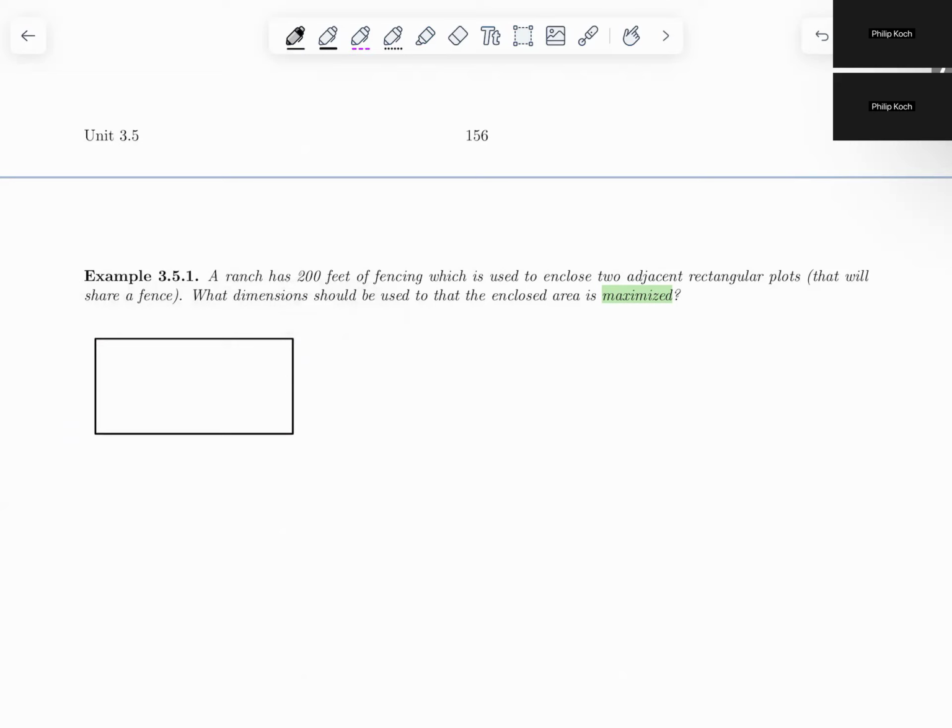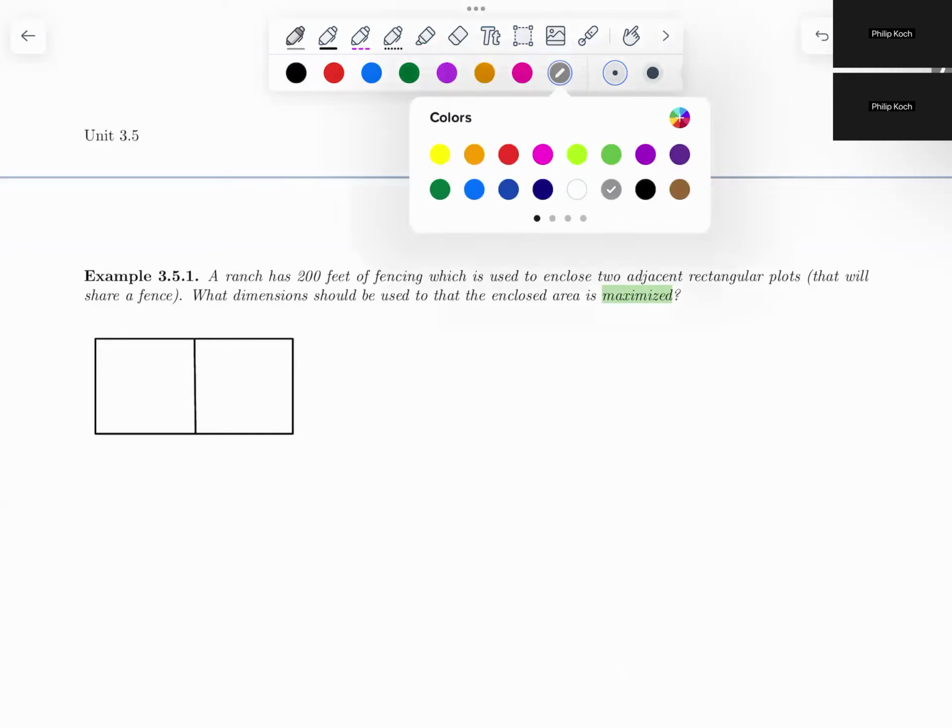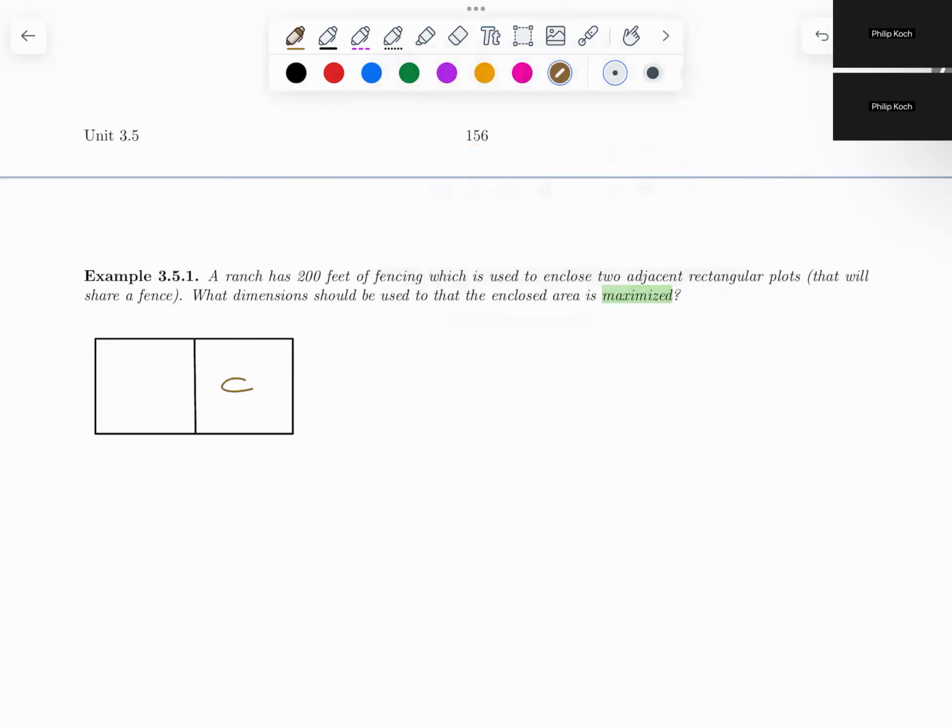And then we don't necessarily know if it's going to be optimized by having them 2 adjacent rectangular plots that will share a fence. So I think what we want to say is 2 equal rectangular plots, but like this. And so you've got a little brown cow over here.